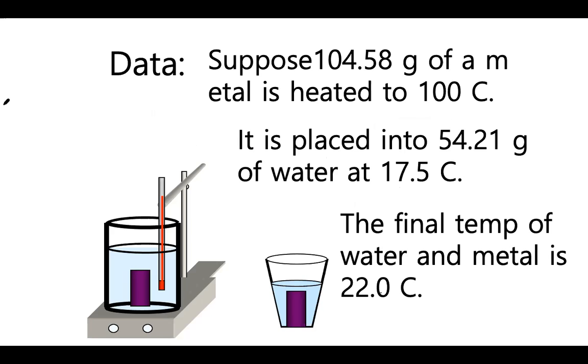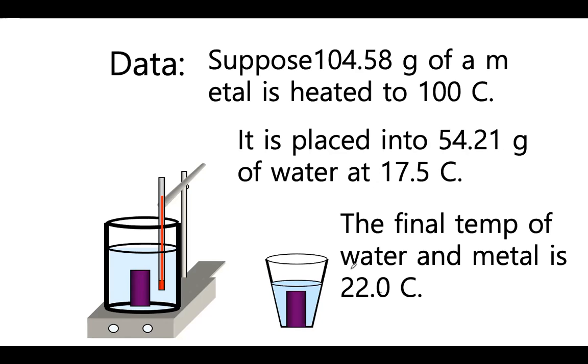So suppose we have 104 grams of the metal, and it's heated to 100 degrees Celsius. So we're assuming that when we heat this and the water begins to bubble, the metal will be at the same temperature. That's what we're assuming, and it's fair. And it is placed into 54.21 grams of water at 17.5 degrees Celsius.